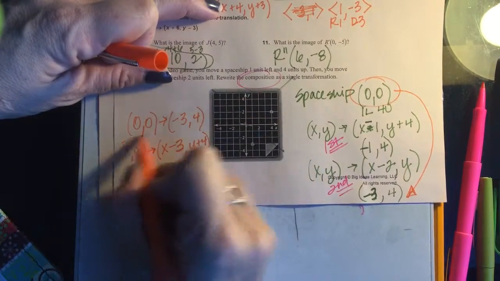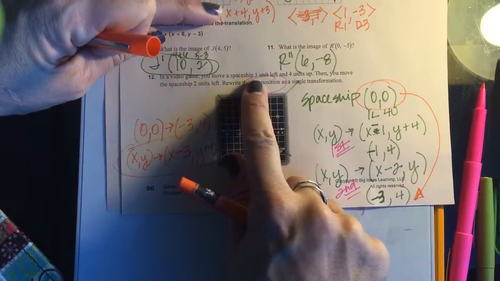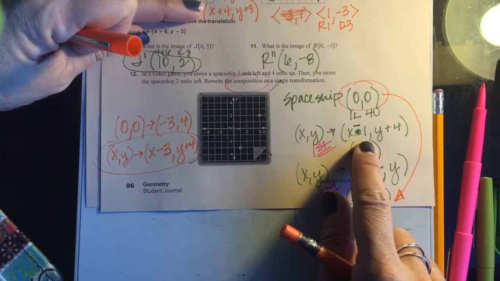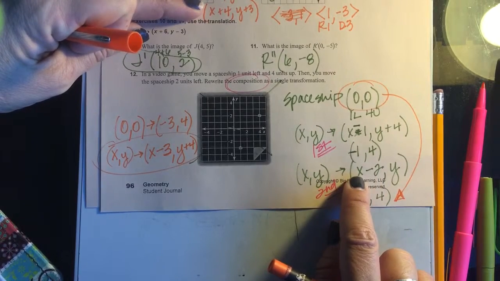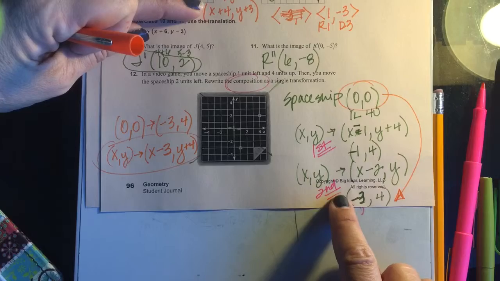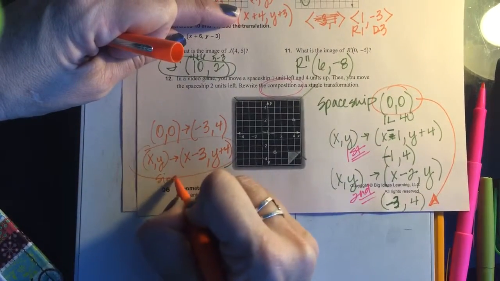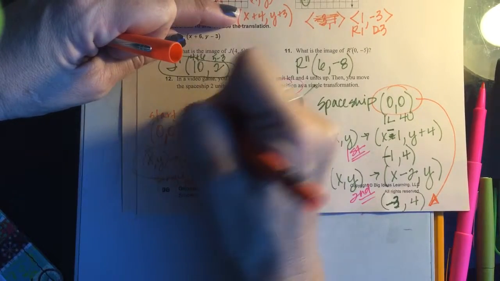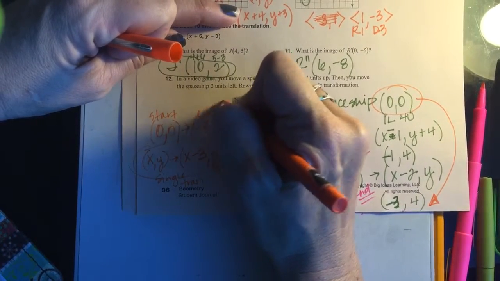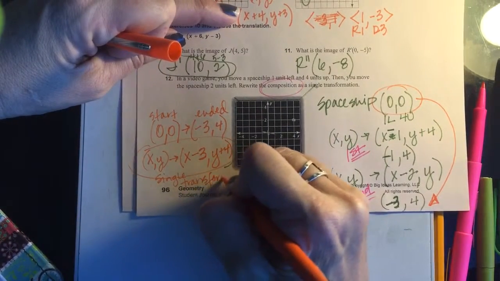So this wasn't a real easy process because in this video game, I moved the spaceship 1 unit left, 4 units up. Then I moved it again, 2 units left. Rewrite the composition, first and second, as a single transformation. Here's my single transformation, where I started, where I ended after the two slides. And here's the single transformation answer.